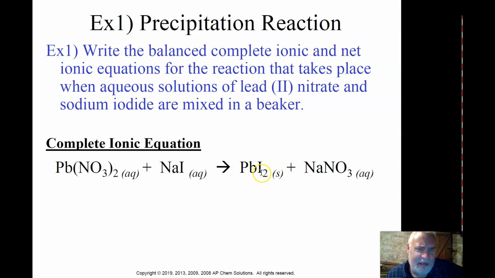So lead iodide, it will form a solid, and that's why it made really good paint, because it's insoluble. You could make like a nice water-based paint, and that yellow solid would come out of the solution and make a nice paint. So this particular one is yellow in color.